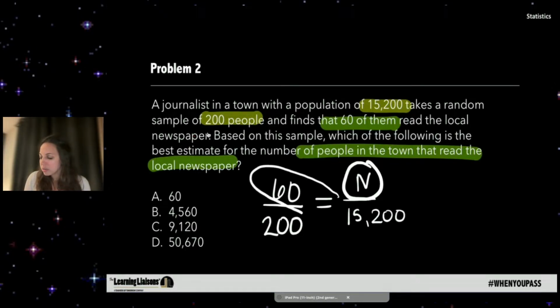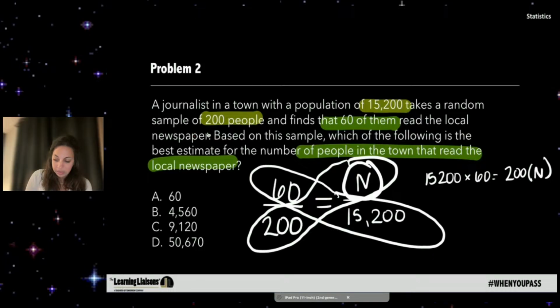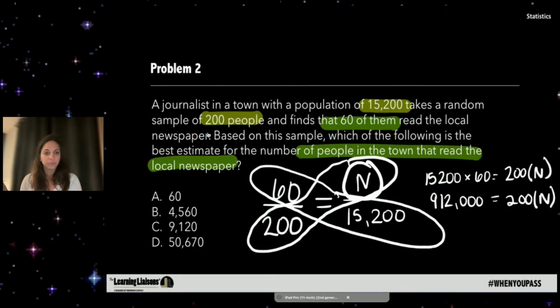So now I've got this proportion set up so that I can actually solve it. I'm going to cross multiply. 15,200 times 60 is going to equal 200 times n. I'm going to use my handy dandy calculator. 15,200 times 60 equals 912,000, and that's going to equal 200n.